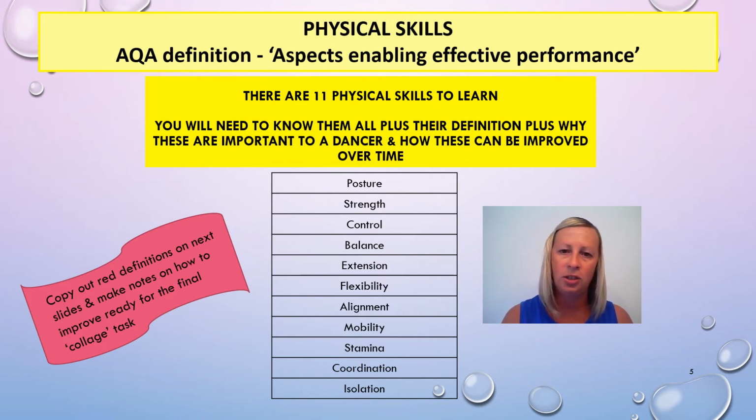The definition definitely write out, which is in red. Then at the end, the last task will be the collage. So you then put all of that material into your knowledge to create the collage, showing some of those pictures, and then also stating how you can improve it and why it's important to a dancer. That would be fantastic.